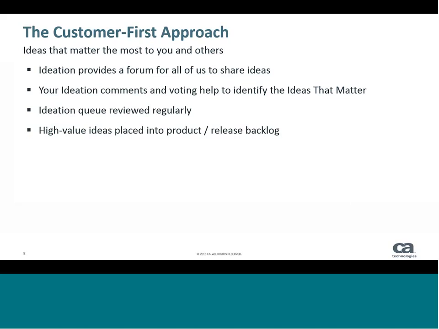And through this mechanism and through these ways of facilitating conversation, we gain insight into what really matters, what's important to your business, what's going to move the needle, if you will, to make a difference in your business via modifications through the Endevor product.